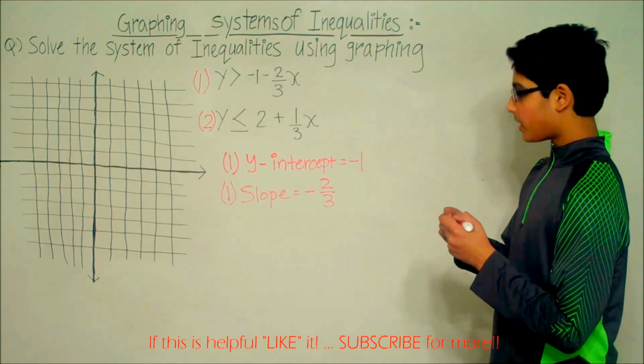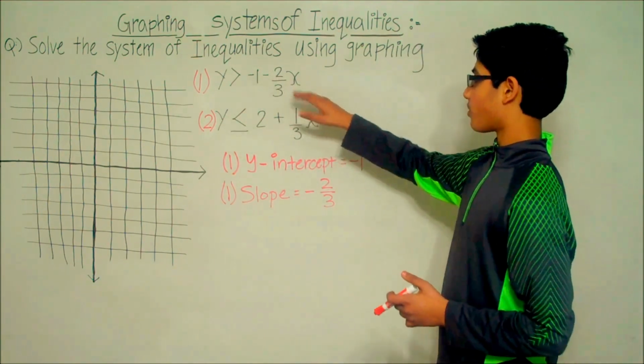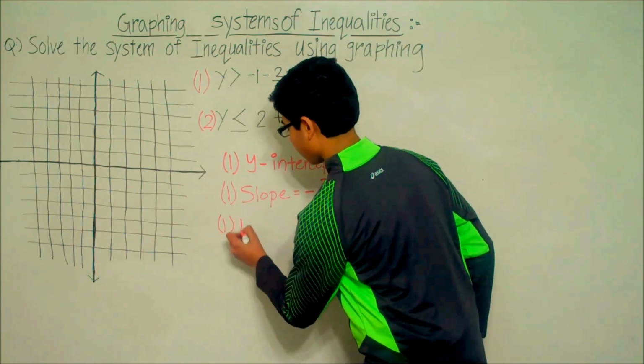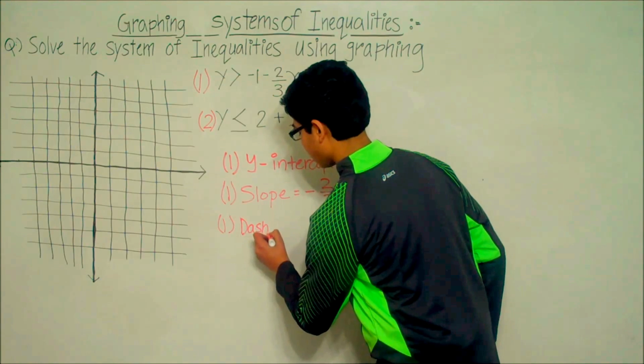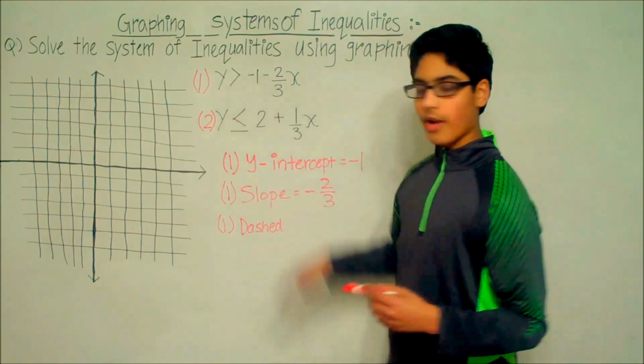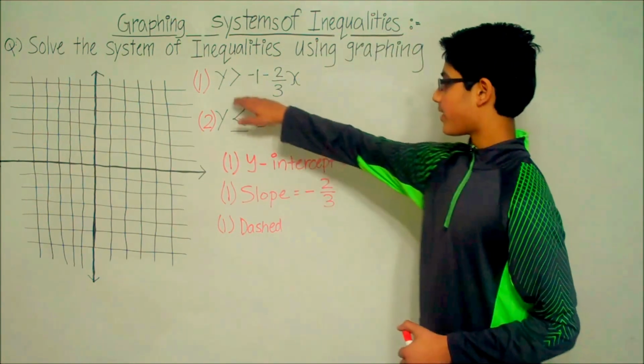And because we know that y is greater than -1 minus 2 over 3x, it is a dashed line, because this is greater than, not greater than or equal to, or less than or equal to. It is just greater than.